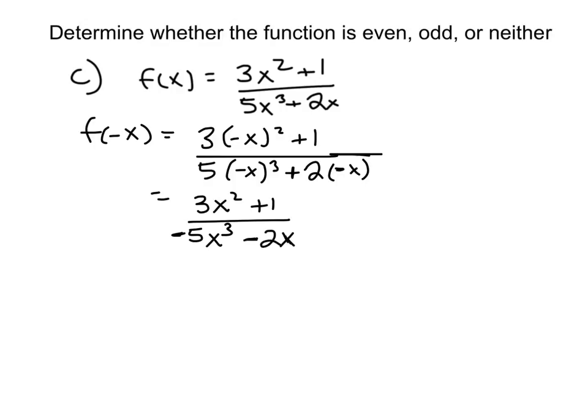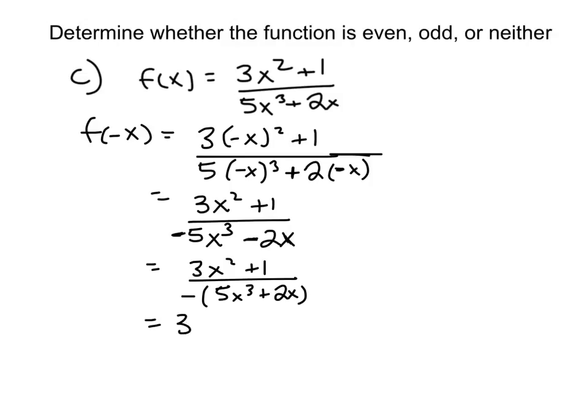I'm trying to see if I can make this look like what we have here, or maybe the negative version of it. The top already looks good. The bottom is the negative version. So let me pull out a negative 1 from the bottom, so I'll have negative 5x cubed plus 2x.